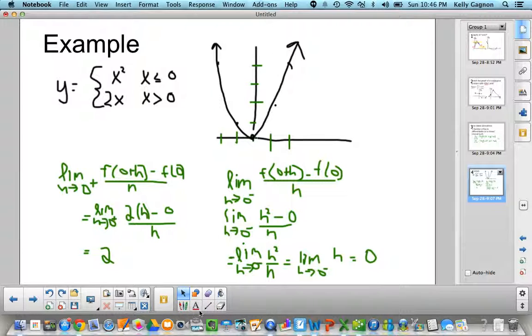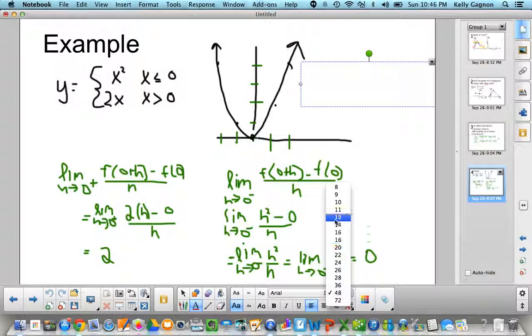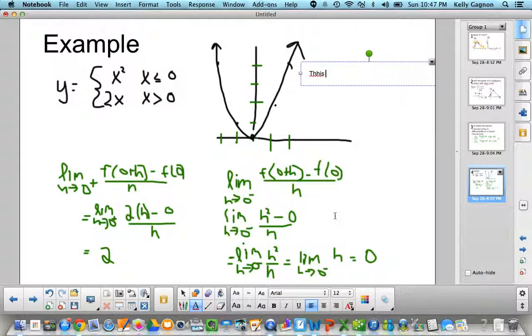So therefore, we can draw the conclusion that this graph is not differentiable at x equals 0 because the left-hand and the right-hand limits are different.